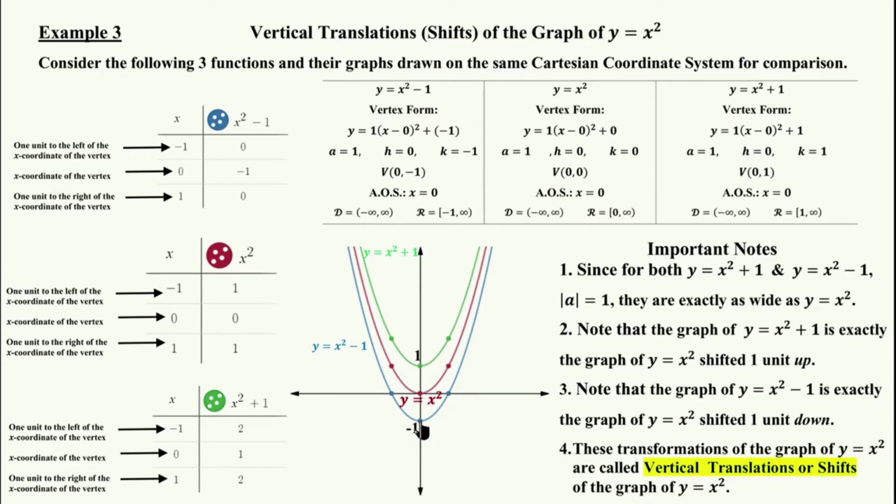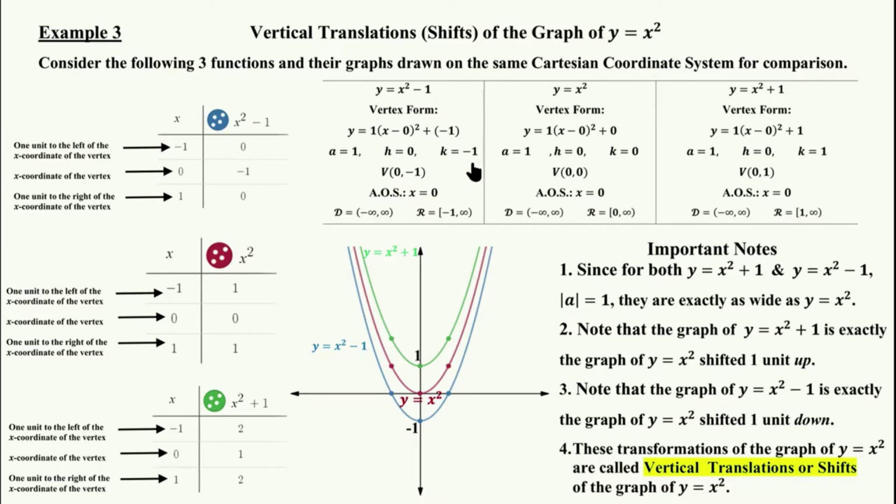With y equals x squared minus 1, depicted here in blue, you're taking the red graph and moving it down 1 unit. Now notice that if you put this graph or that one in vertex form, you'll end up with something like this: y equals 1 times, you can always write x squared as x minus 0 squared, plus a negative 1. So your h here is going to be 0 and k is going to be negative 1.